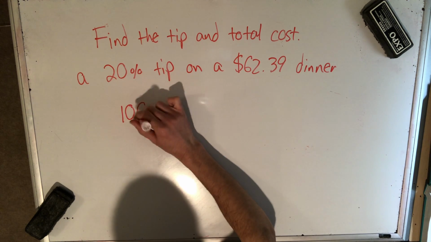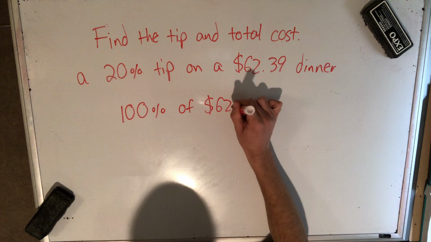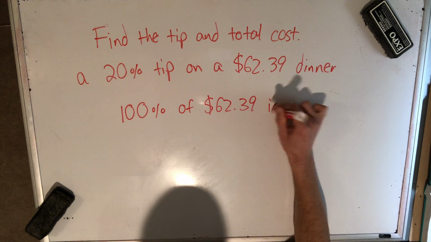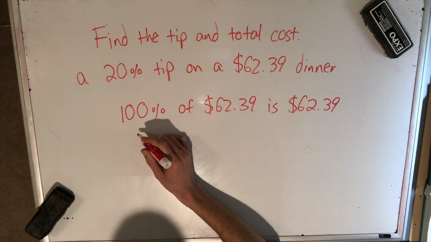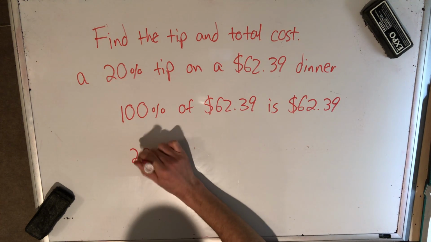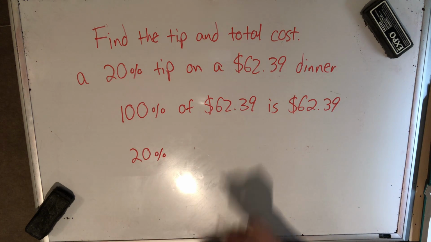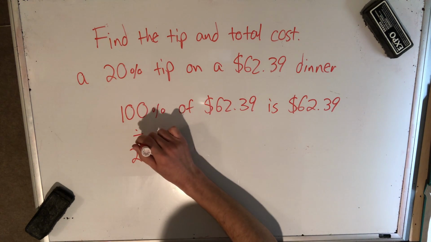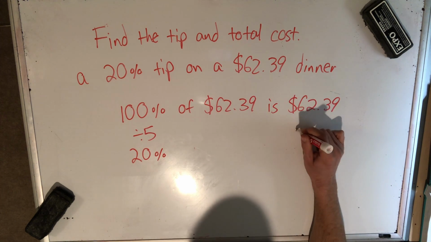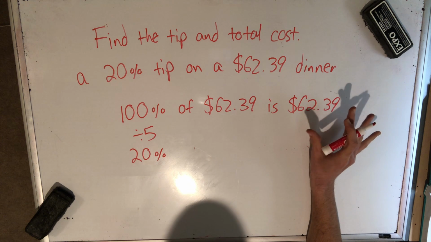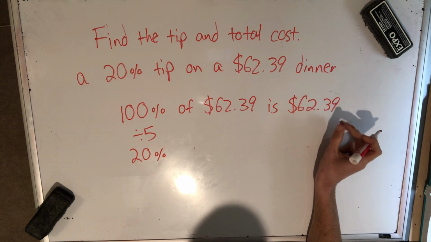Well, 100% of $62.39 is $62.39. We could find a 20% tip by dividing each side by 5, because 100% divided by 5 is 20%. But for tips, you should be able to get good at doing it mentally.